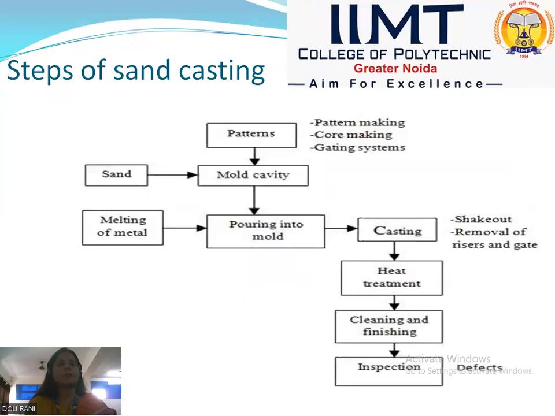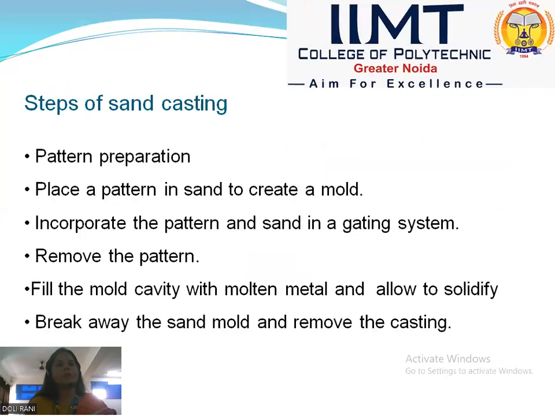The steps of sand casting are, first of all, we have to prepare the pattern. A pattern is the replica of the product to be prepared. The pattern can be made of wax, metals, wood, plaster of Paris, or other materials. Now this pattern is inserted into the mold to create a cavity.